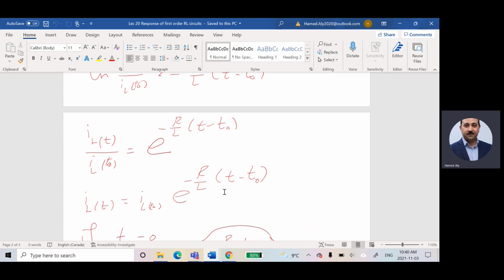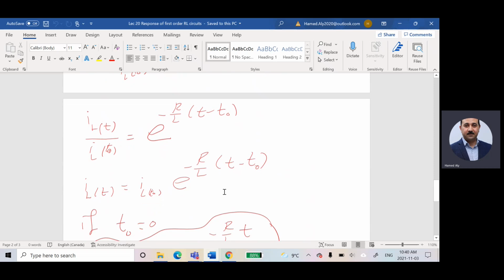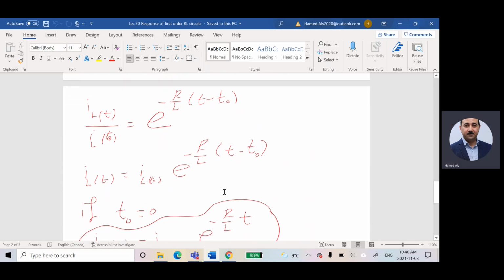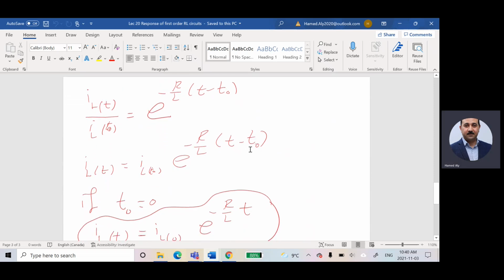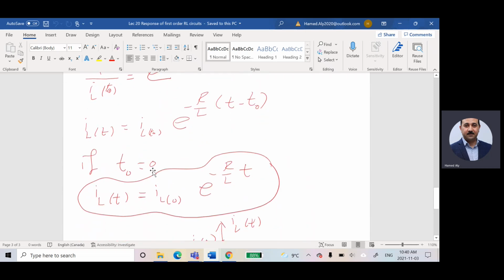For simplicity, if t0 is equal to 0, I can substitute t0 by 0, and I can write IL of t equals IL of 0, which is the initial stored current in the inductor, multiplied by e to the power negative R over L times t.